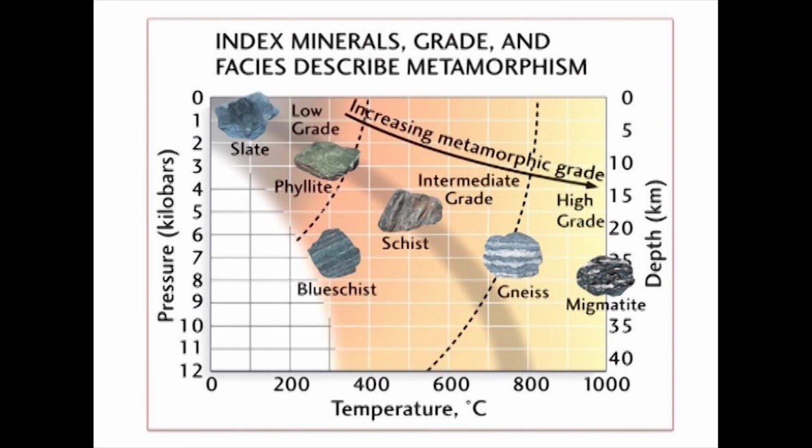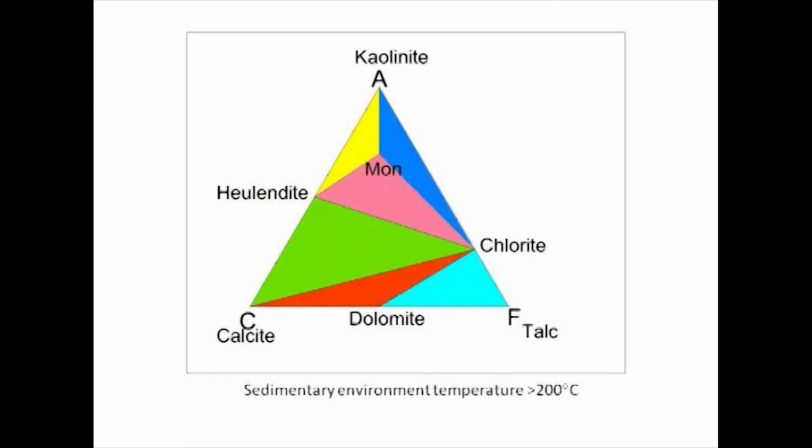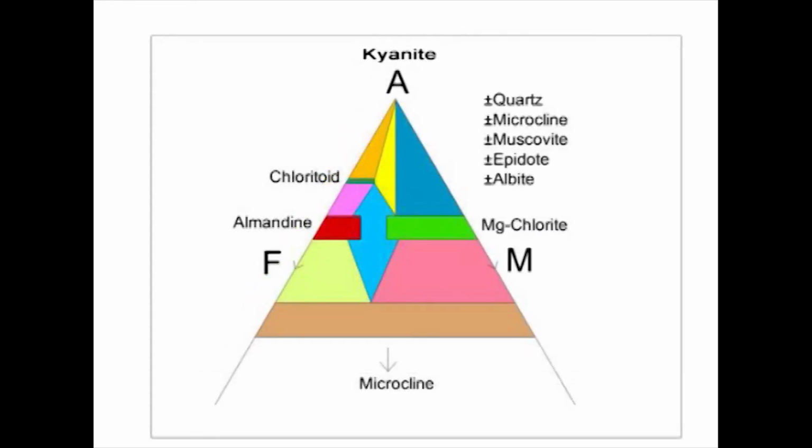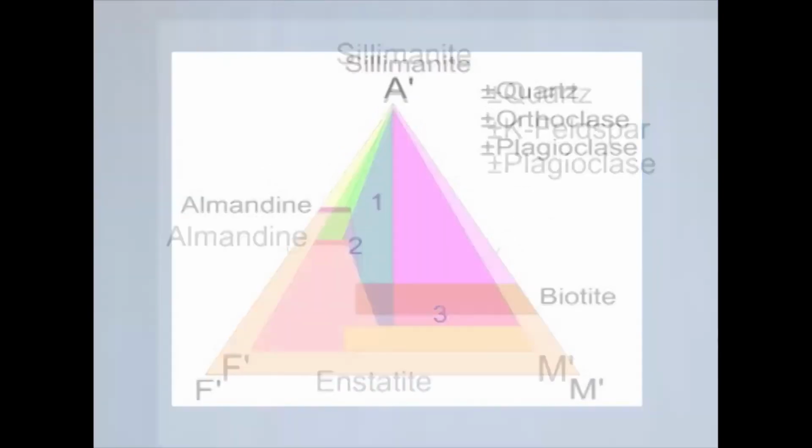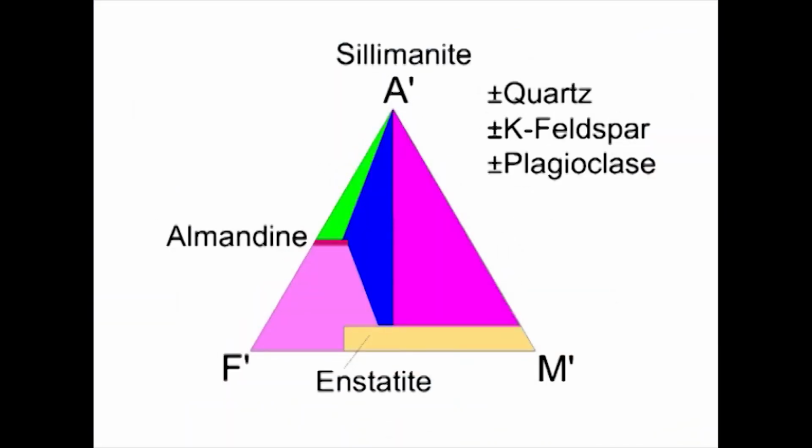With the help of ACF mainly for the zeolite phases and AFM for greenschist, amphibolite and granulite phase rocks, we can observe mainly in the apex, that is the A corner, the kaolinite changes into pyrophyllite, pyrophyllite changes into kyanite and later the kyanite changes into sillimanite.